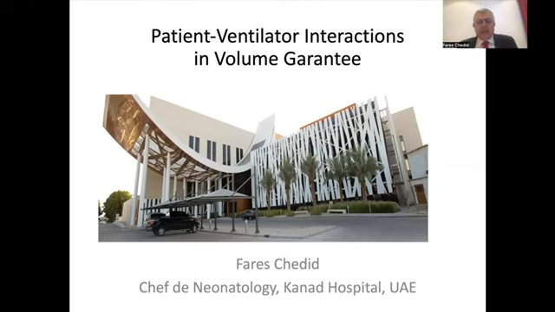Here is my hospital, Kennedy Hospital in Al Ain, UAE. This is probably the oldest hospital in the Emirate of Abu Dhabi. That was at a time 60 years ago when there were no roads to Al Ain. There were only tents. And the majority of the sheikhs of Abu Dhabi were born there, like Sheikh Mohammed bin Zayed, the president of the Emirates, and also the previous president of the Emirates, Sheikh Khalifa, and other sheikhs.